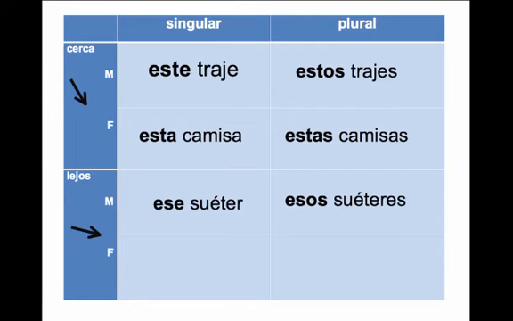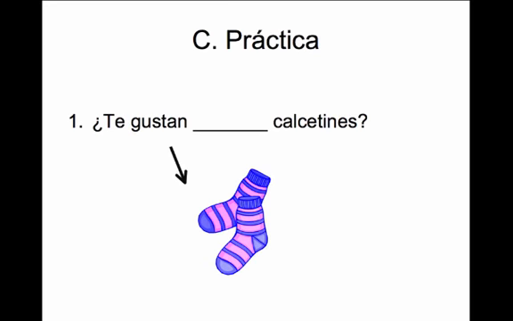What about a feminine thing that is far away, that or those when it's feminine? Esa gorra, that cap, esas gorras. Hopefully that's pretty simple, and again, just notice that they replace the articles el, la, los, las, or un, unos, una, unas, etc. Let's do some practice.